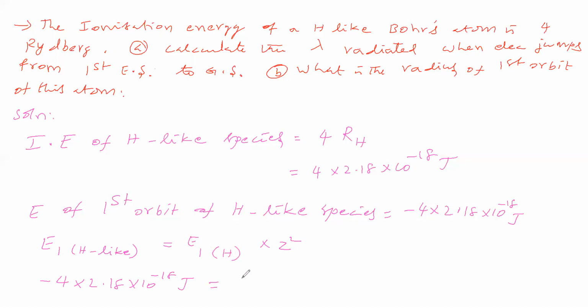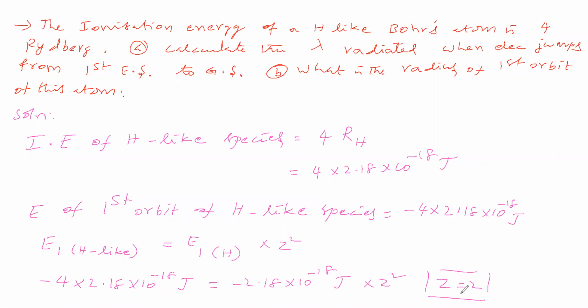The energy of the first orbit of hydrogen is minus 2.18 into 10 to the power of minus 18 joule, into Z square. Therefore, we get Z equal to 2.